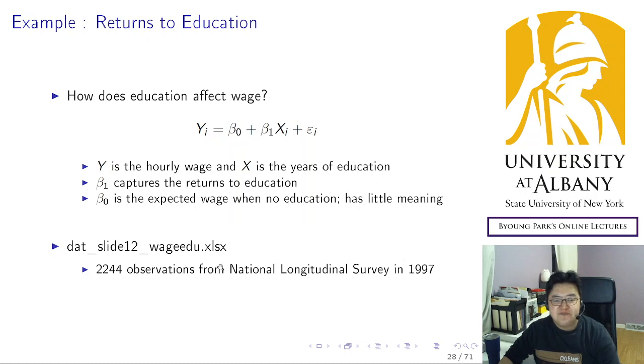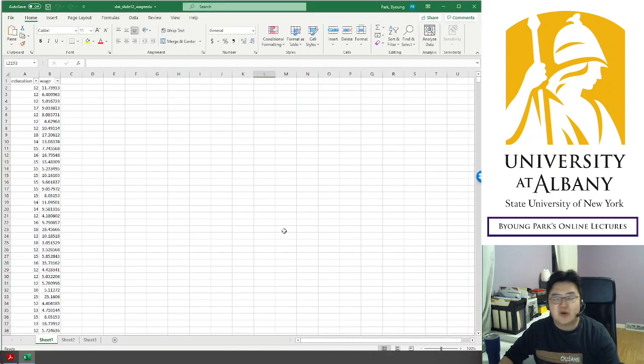And our data is from the National Longitudinal Survey in 1997. We have not used this data before. So let's go to Excel. Here, simply I took education and wage, two variables, and look at this.